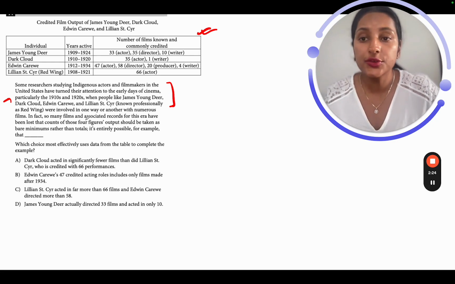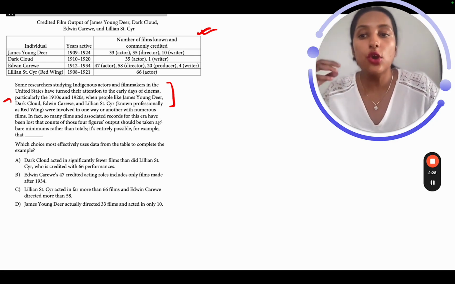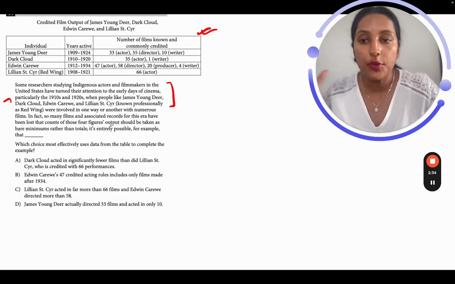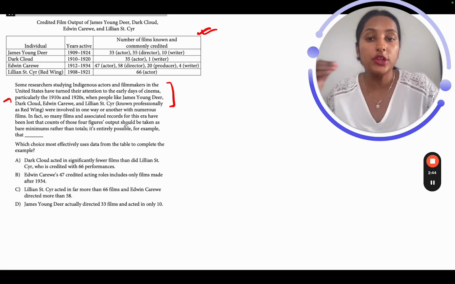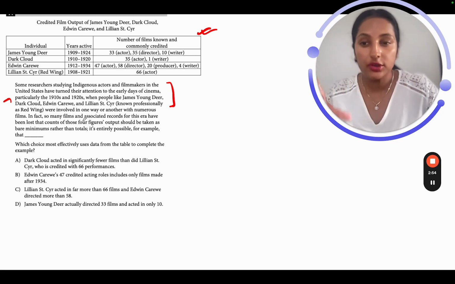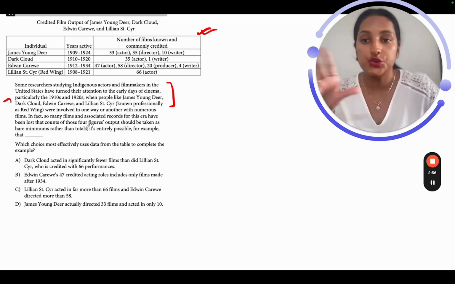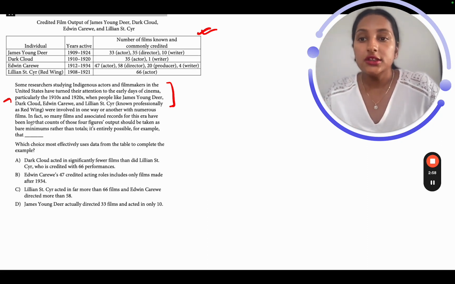In fact, so many films and associated records for this era have been lost that counts of those four figures' output should be taken as bare minimums. Alright, take a pause over here and try to understand what they are talking about. They are saying these people were basically actors and filmmakers who were involved with a lot of films in one way or the other. So something about the counts of these films they were associated with, correct?